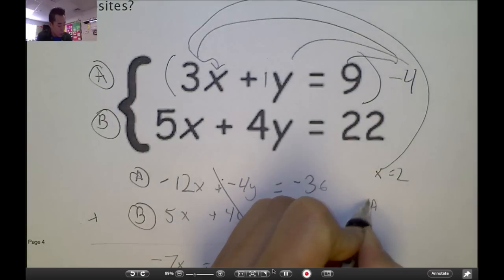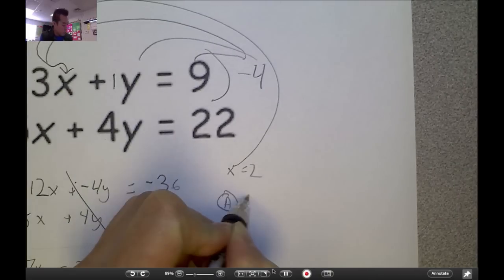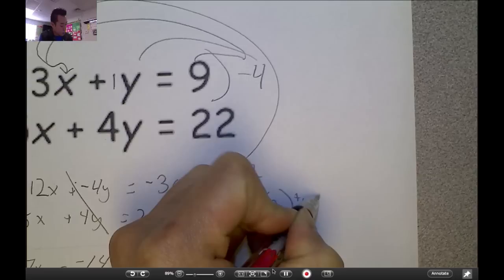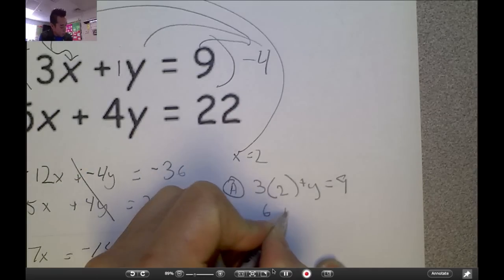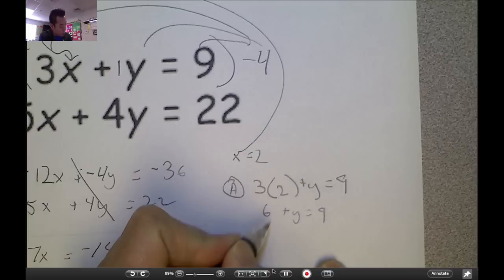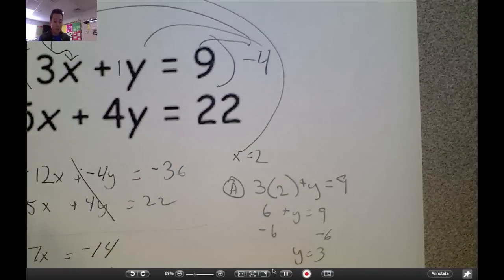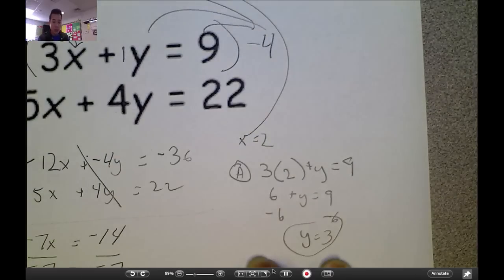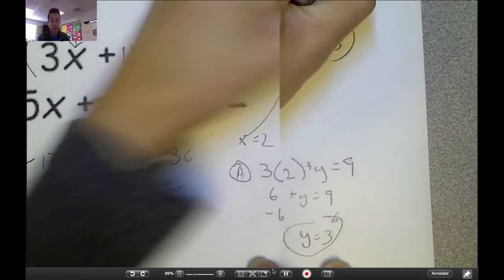So I'll just go ahead and substitute it back into equation A. Okay, here I have 3 times 2 plus y is equal to 9. 6 plus y is equal to 9. Subtract 6, y is 3. So my solution point now is x is 2 and y is 3.